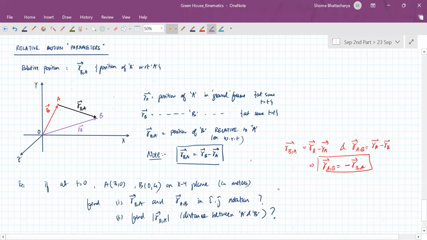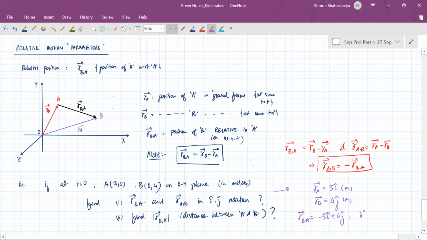So one way of doing this question is no need to draw any diagram and all that. You can just convert it to vectors. Position of A is 3 i cap in meters. Position of B is 4 j cap in meters. From that you can see that position of B with respect to A, applying the above formula, is minus 3 i cap plus 4 j cap.